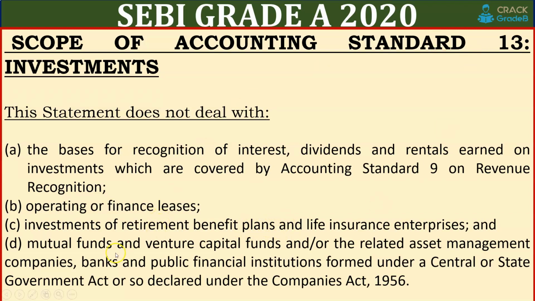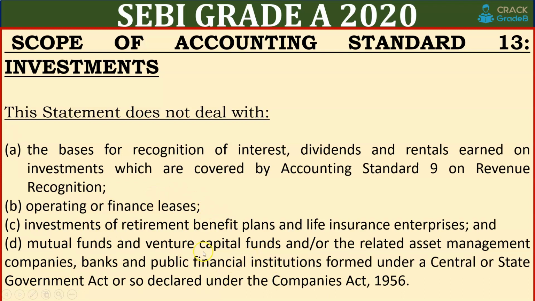Then we have the mutual funds, the venture capital funds and the related asset management companies, banks and public financial institutions formed under a central or state government act or so declared under the Companies Act 1956. Now, one thing here, पहले हम ये सोचते हैं कि म्यूचुअल फंड्स एंड वेंचर कैपिटल फंड्स का बिजनेस क्या होता है.